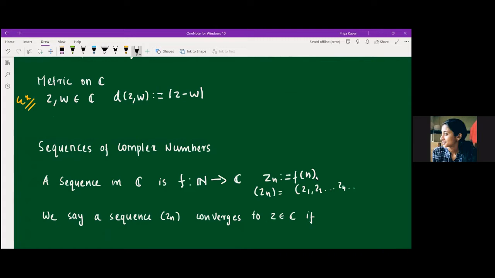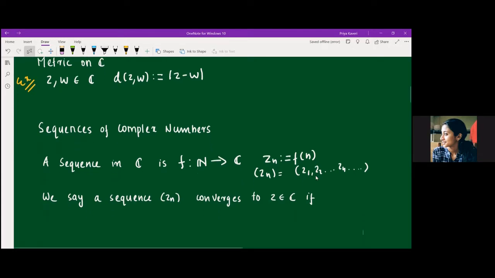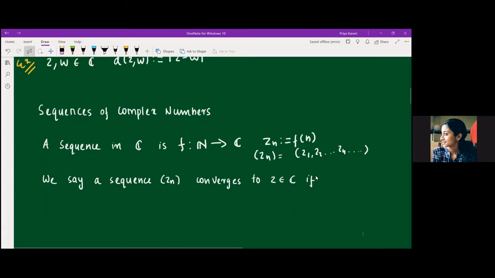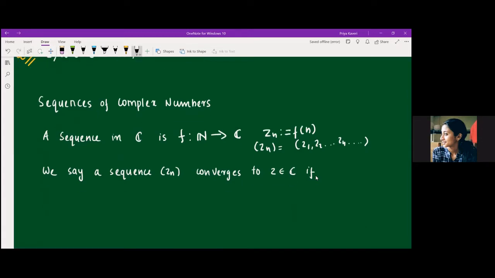Whenever we have a sequence, the next thing that we are interested in is whether that sequence converges or not. When we say the sequence Zn converges to Z in C, you all might know the definition, I won't waste time here.